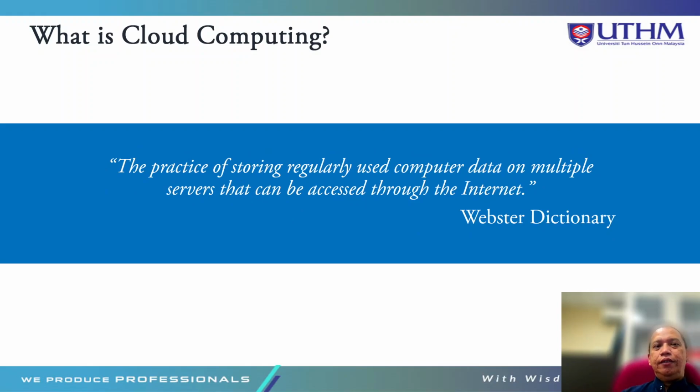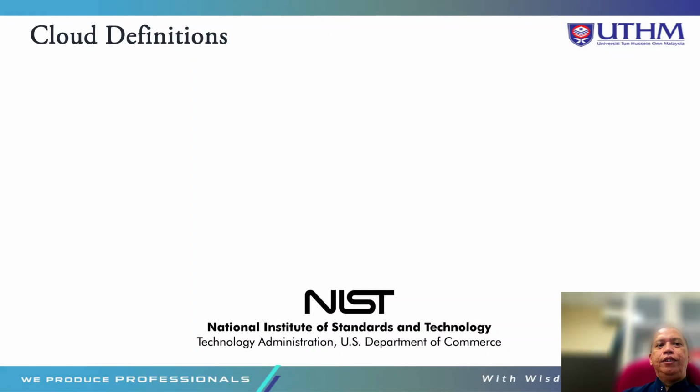There is another definition from Webster Dictionary: the practice of storing regularly used computer data on multiple servers that can be accessed through the internet. Again, the backbone of this is network computing.